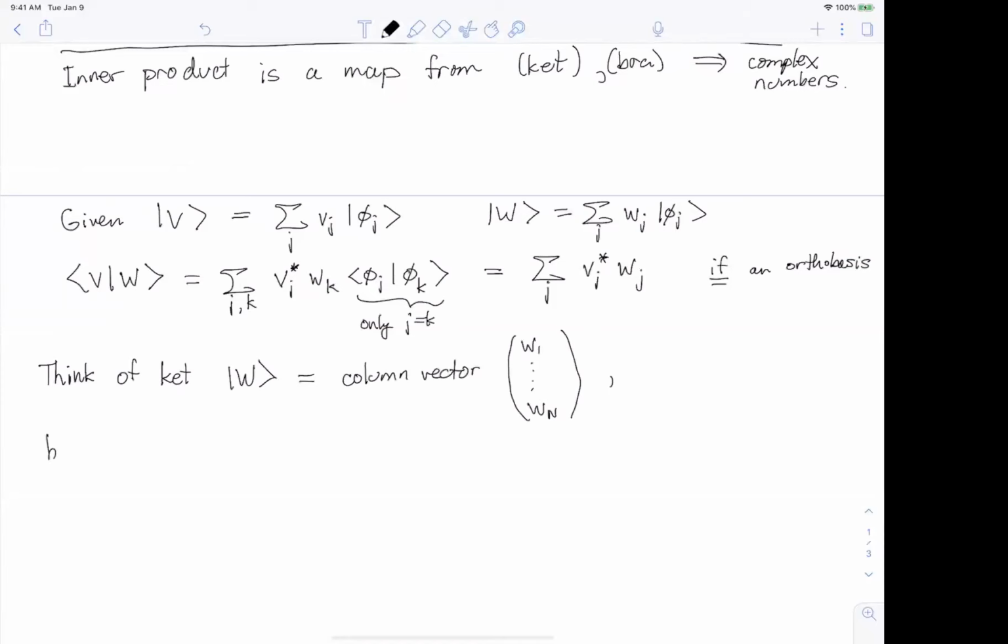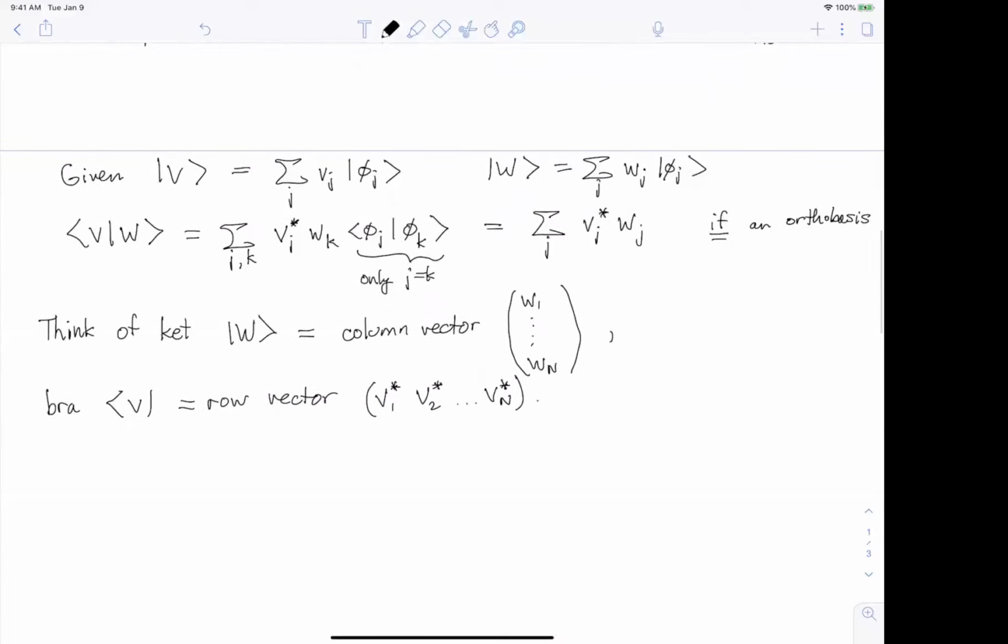And think of your bra, in this case V, as a row vector. And so I would write that as V sub 1 complex conjugate, V sub 2 complex conjugate, up to however many there are, V sub n complex conjugate. So notice that when you take the bra, the rule is you complex conjugate the component.